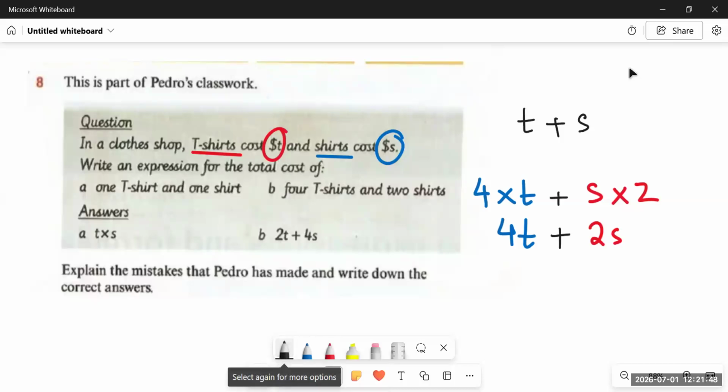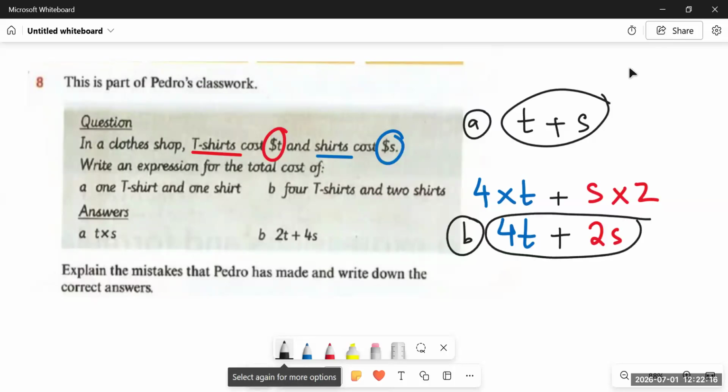And what has Pedro written? He has by mistake jumbled up the numbers. It's supposed to be 4T instead of 2T and 2S instead of 4S. So these are the mistakes that Pedro has made, and the correct statements are these: T plus S for A. For B, it's 4T plus 2S.